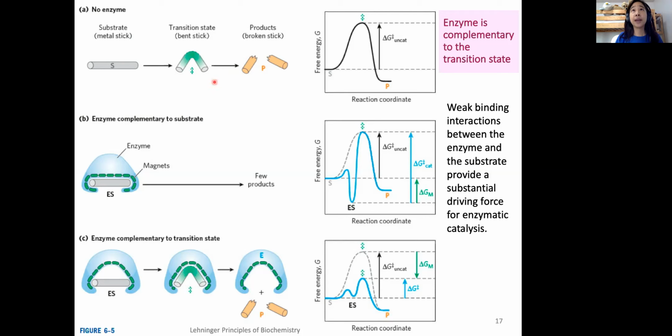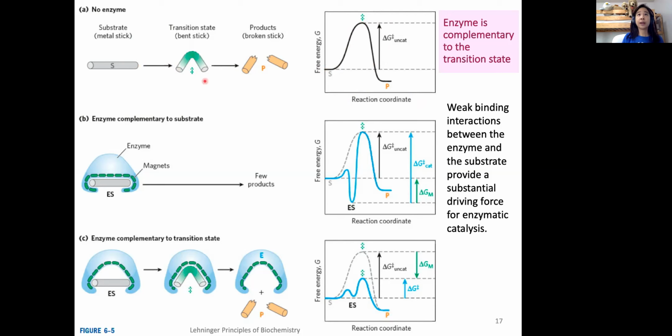So the bent metal stick represents the transition state. Without any catalyst, let's take a look at the reaction coordinate. You have the transition state and the activation energy this much.